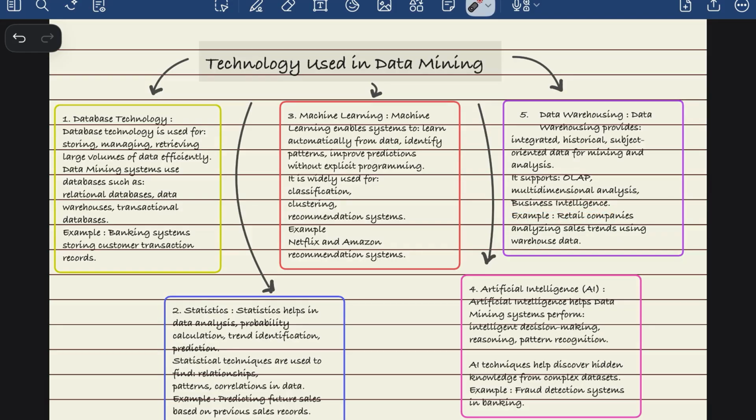So it is very important from a data mining perspective to have data warehousing as an important pillar. So there you have it. These are the 5 important technologies that are used in data mining. So there are programming languages you can add into this as well. There are other technologies as well, so you should research as well.